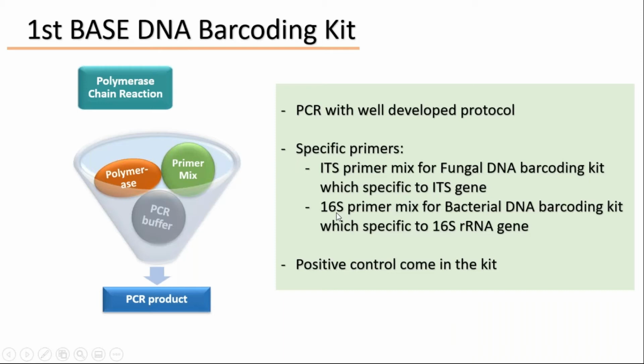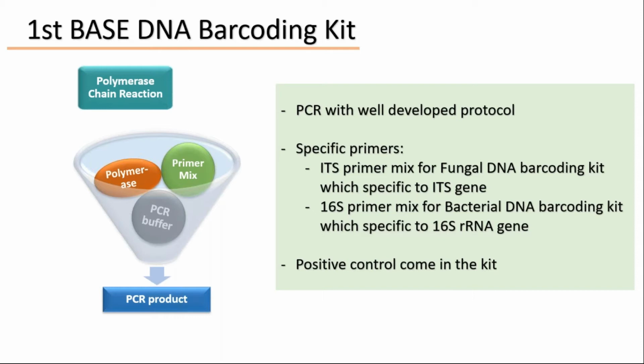Okay, after the extraction, definitely we need to go for the PCR. For the PCR, with our experience in DNA barcoding, we do have a very well developed protocol. There are specific primers, as we mentioned just now, that will be given for both bacteria and fungi barcoding kits.